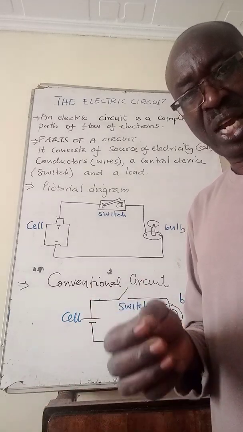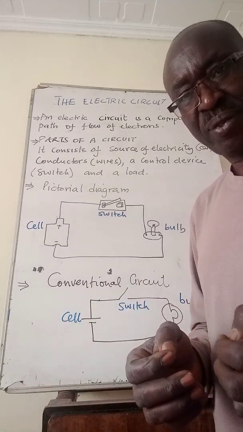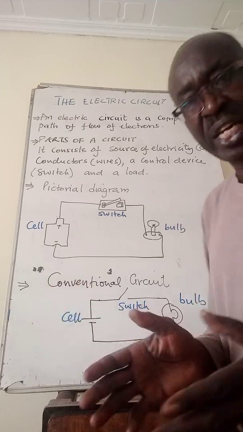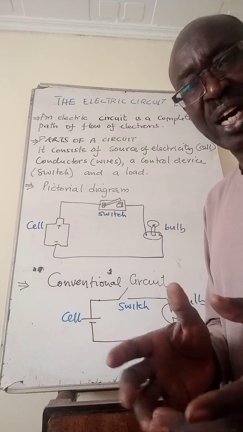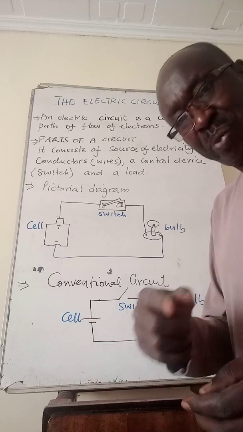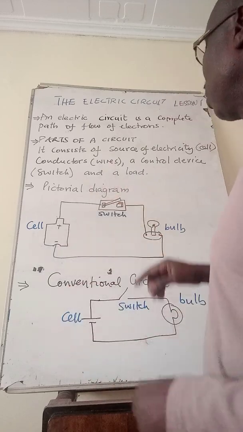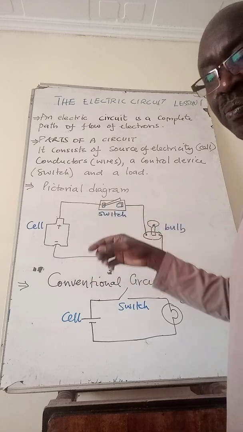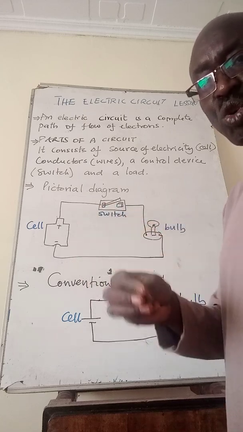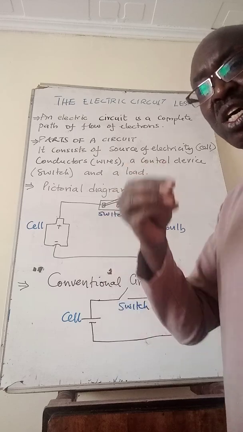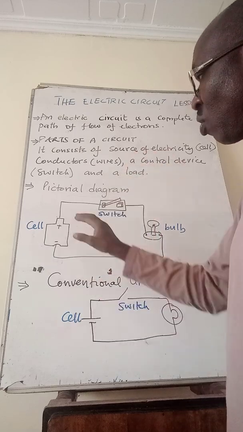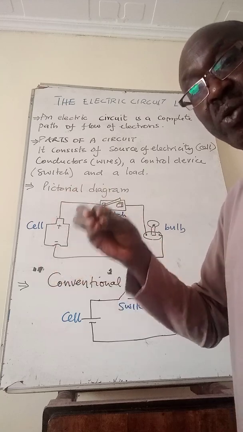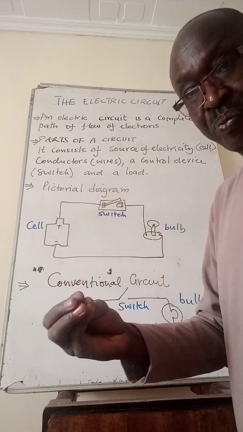So those athletes are like electrons. They have to go and come back. The lanes are like a conductor. They pass through. So here we have a pictorial diagram, the diagram showing us the pictures of various components, the way we see them.